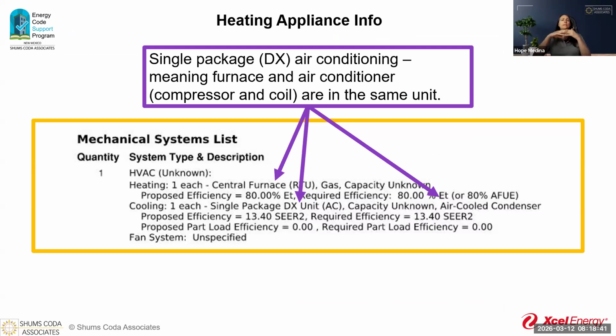What the DX is referring to is that the furnace and air conditioner are in that same unit. And so I just want to make sure that acronym is well understood here.